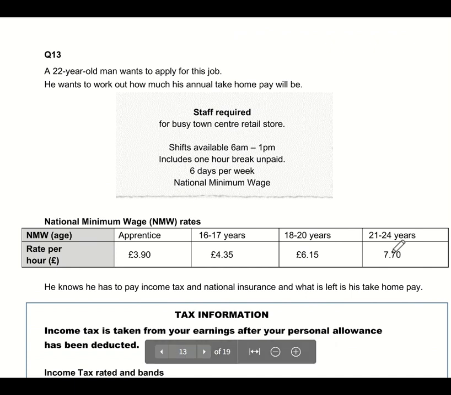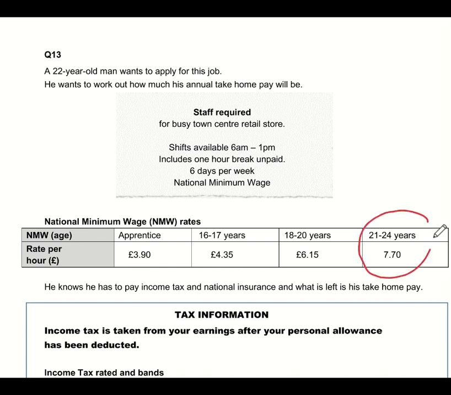Okay, so for this question here, question number 13, the man is 22 years old, so he's going to fit into this category here. He's working 6 till 1, which includes 1 hour break. So let's say there's no break, that's the same as 6 till 12. So that's a 6-hour shift.